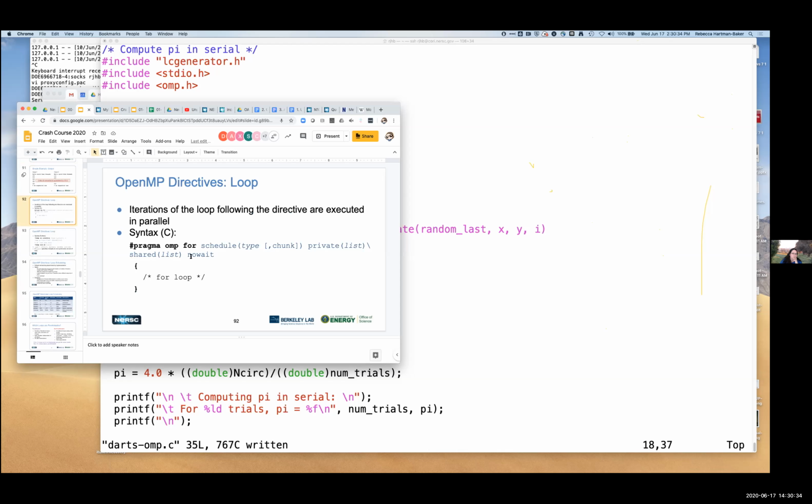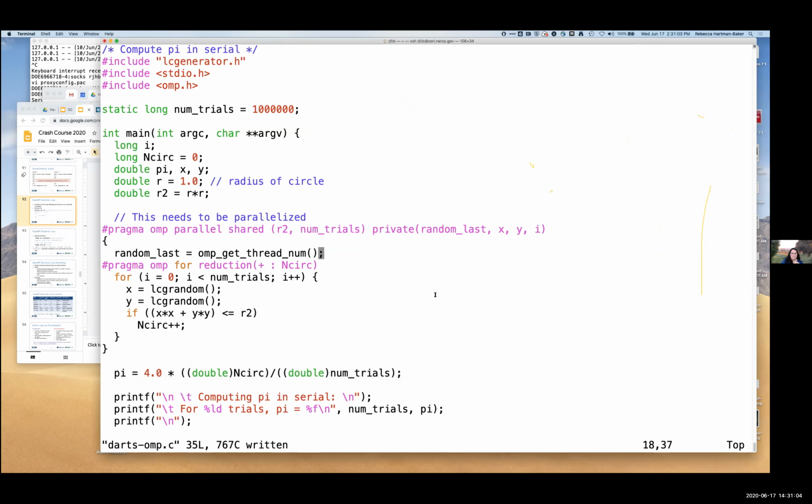Should we schedule it? Anybody want to schedule it? Or should we just let our OpenMP implementation do its thing? I don't really care. No, I see somebody shaking their head. Is that a no, don't let them do it, or a no, don't schedule? Schedule it. Oh, you want me to schedule it? Okay, so we'll do schedule.